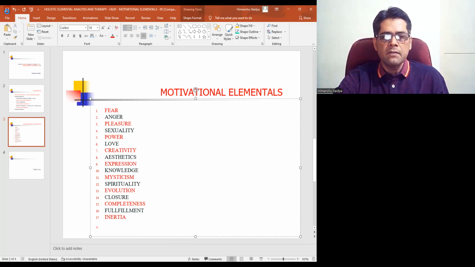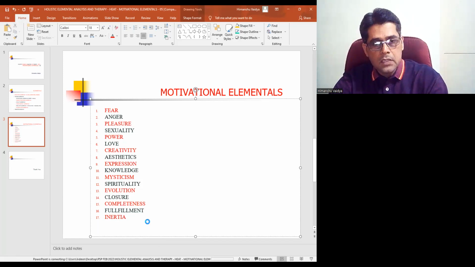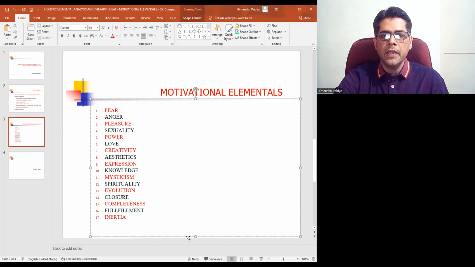This is not an exhaustive list. As we go along and develop the model, some of them may get removed, some of them may get added. Model development always is a work in progress. And especially where we are in terms of knowledge, there is a long way to go.